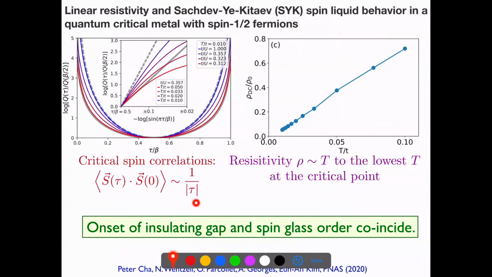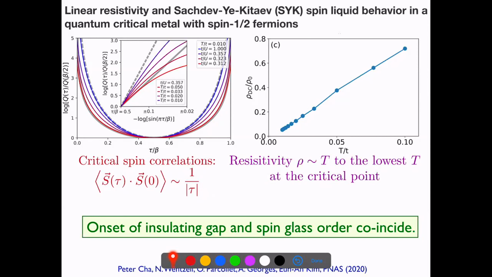This 1 over tau spin correlation is sometimes called the marginal spectrum. And this is also sometimes seen experimentally, at least to the extent that the electrons look like marginal Fermi liquids in some experiments. So there are a lot of very nice features at this critical point between the metal and the insulator.